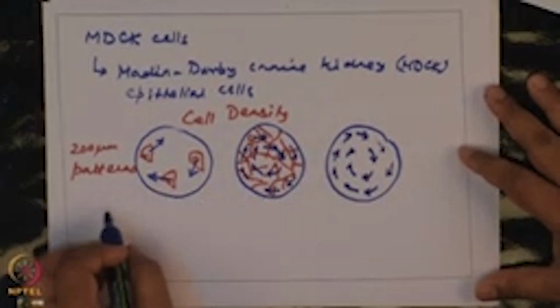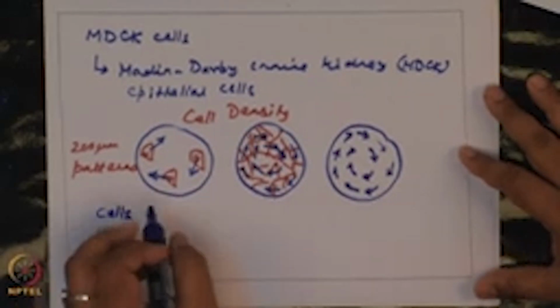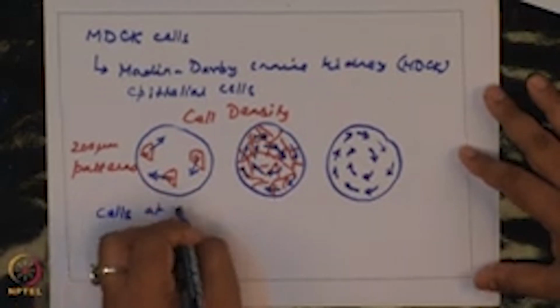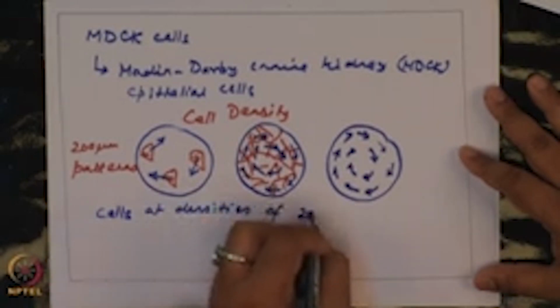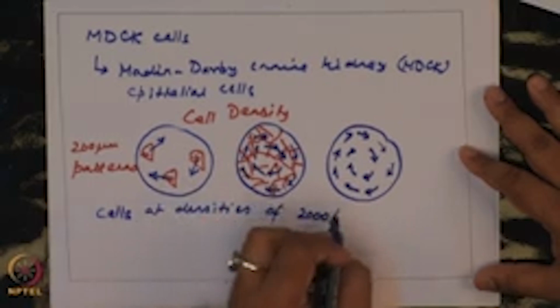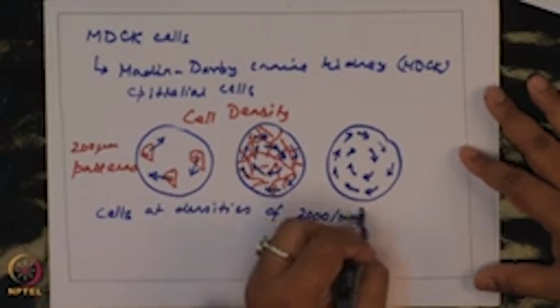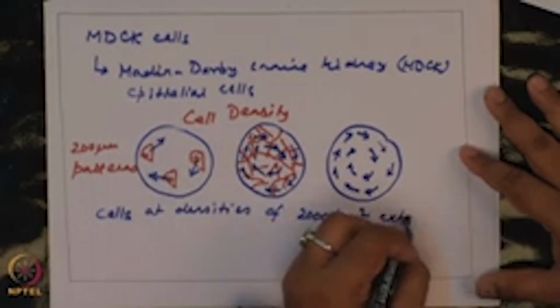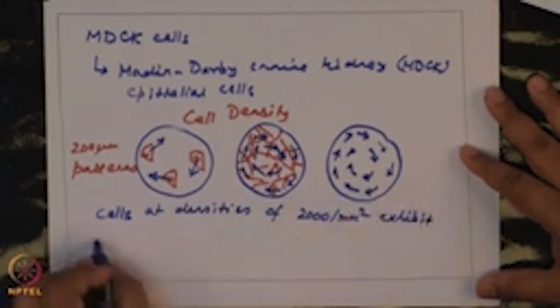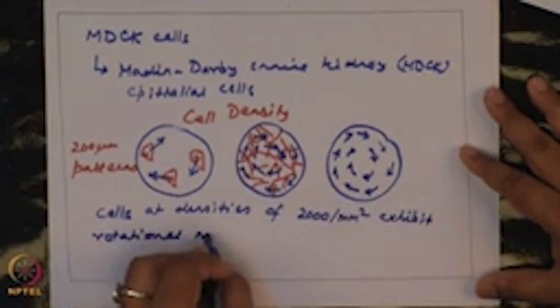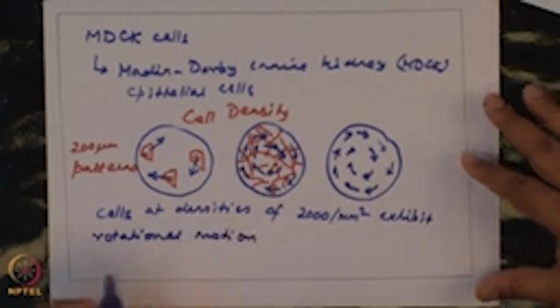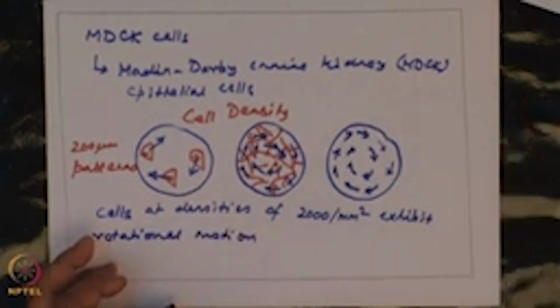So, the cells at densities of 2000 per millimeter square exhibit rotational motion. This is called coherent angular rotation.